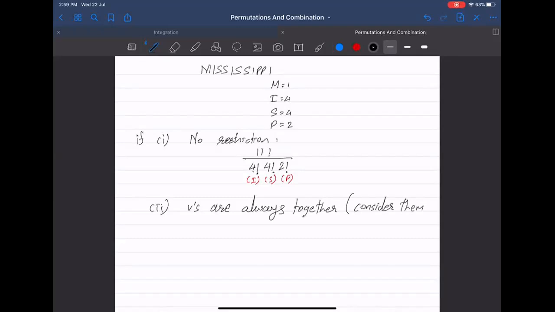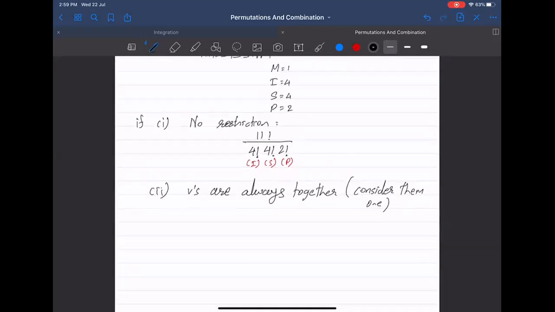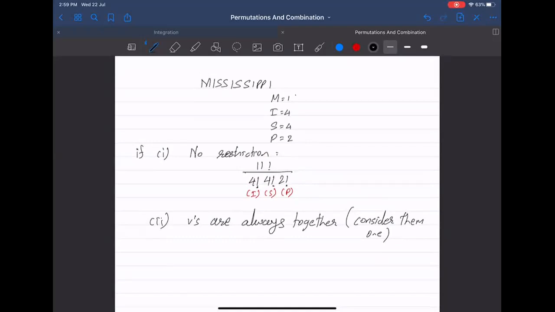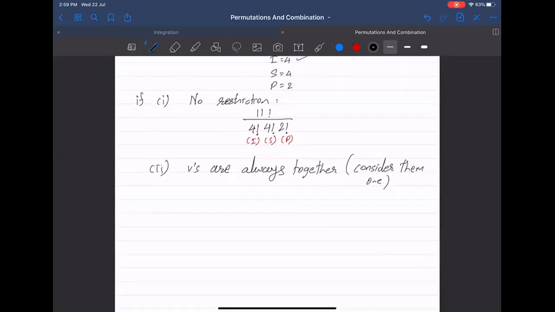How many vowels are there? These are the vowels, so consider the group of 4 vowels as one person. And how many consonants are left?